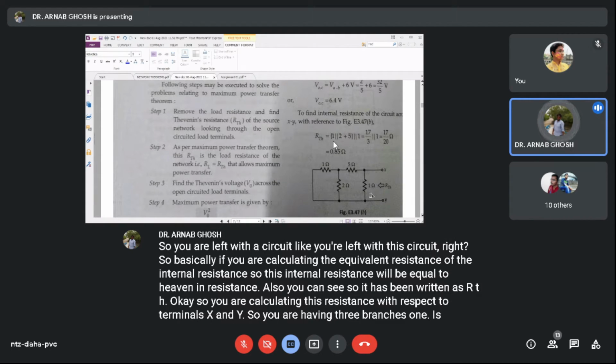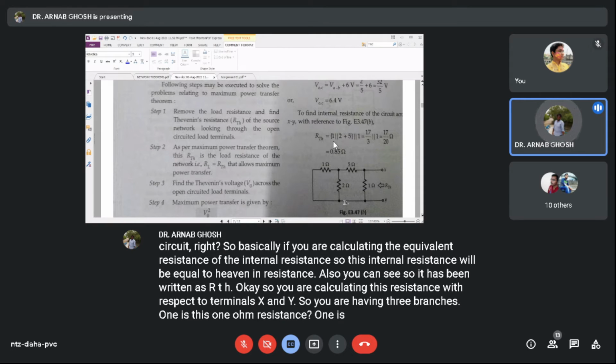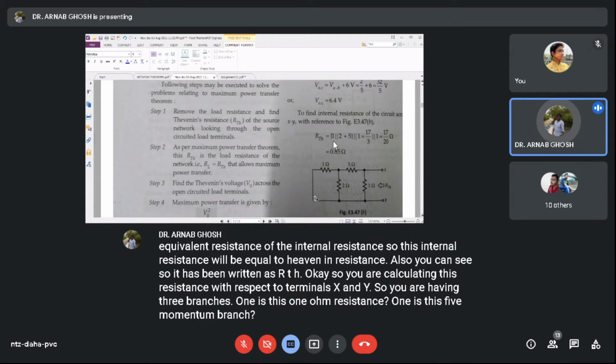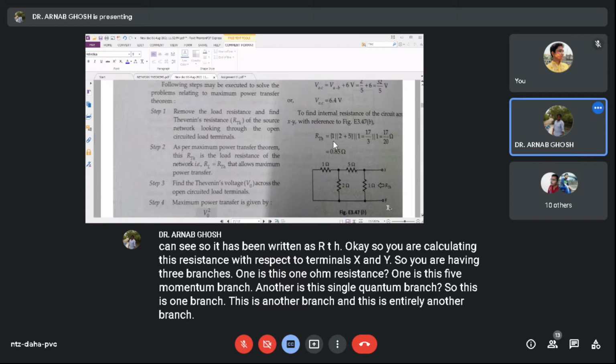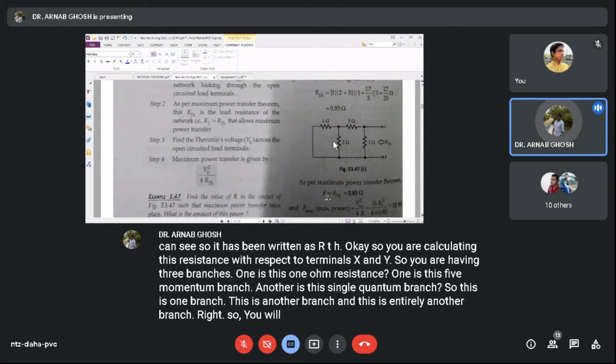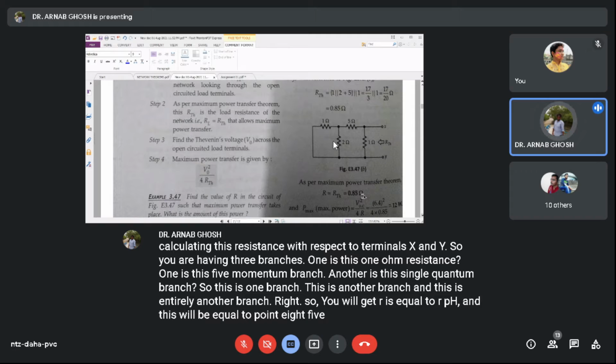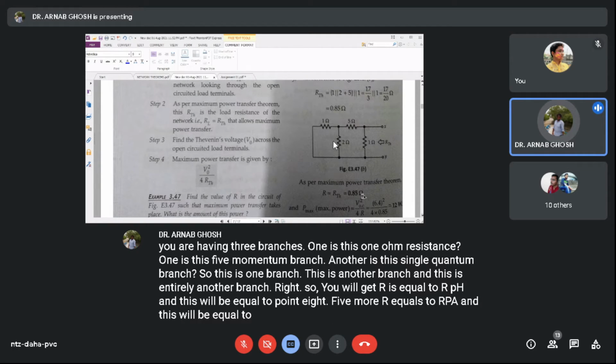One is this 1 ohm resistance, one is this 5 ohm and 2 ohm branch, another is this single 1 ohm branch. So this is another branch and this is entirely another branch, right? So you will get R equal to RTH, and this will be equal to 0.85 ohm.